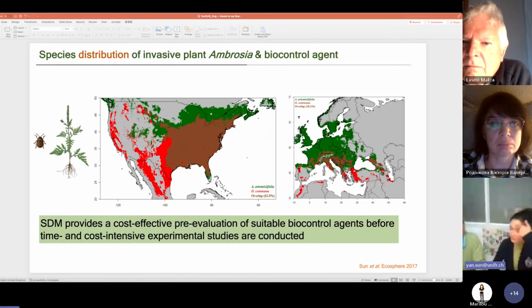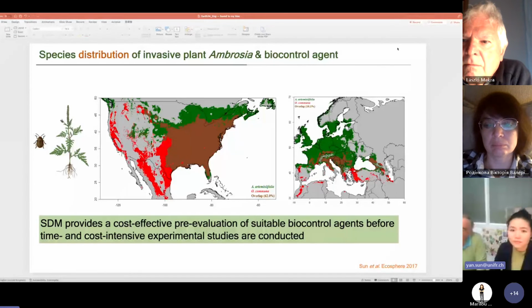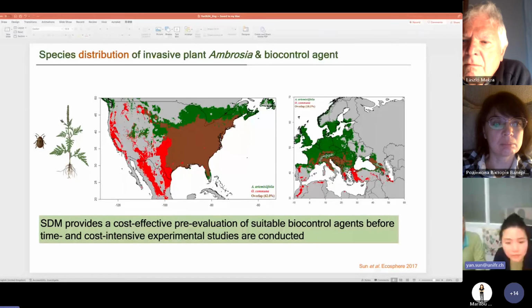There's one tool I know, network analysis, where you study the network in North America. You see how many phytophagous insects are on ragweed, how many parasitoids they have, and how many prey are shared by each of these predators and parasitoids. Then if you introduce that into the network in Europe, you will probably see what that might cause.